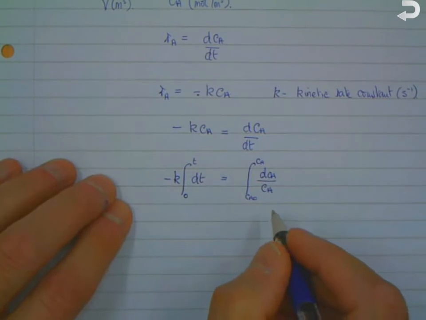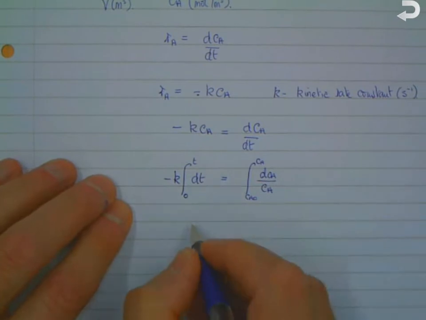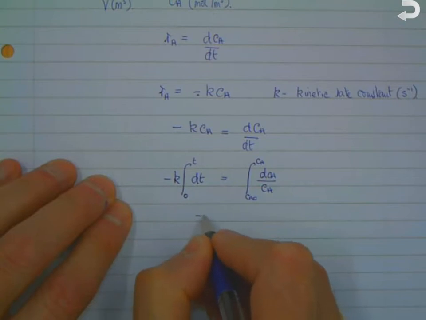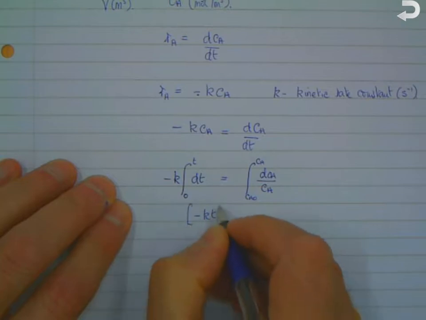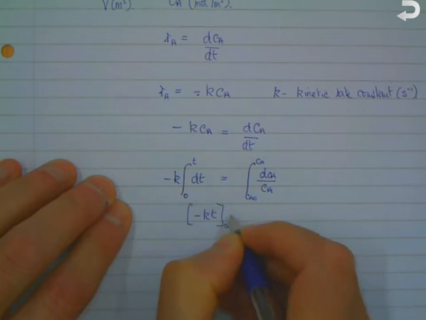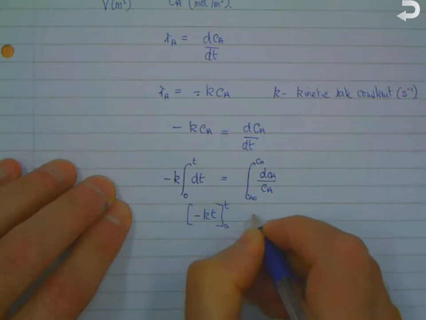So we can integrate that, and that's an easy integration. So K is constant because of that assumption we've made, and you've got minus Kt between limits of 0 and t.